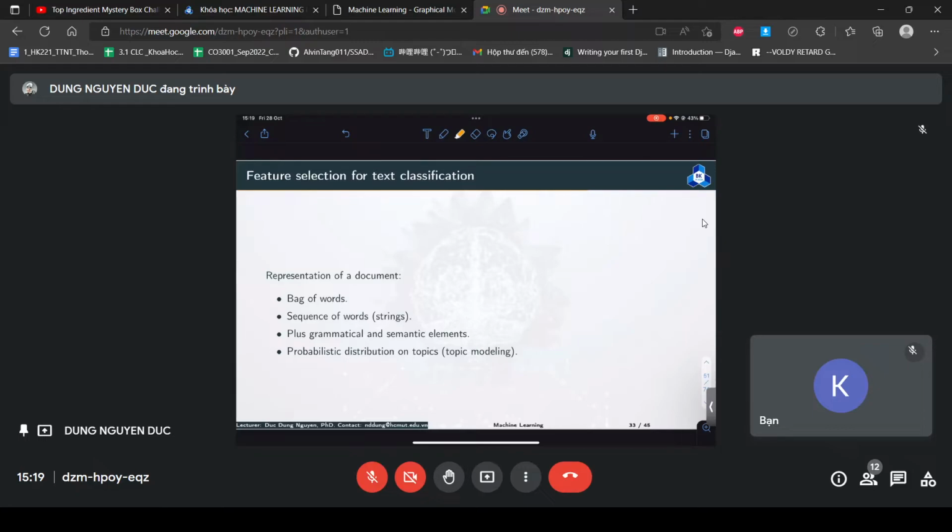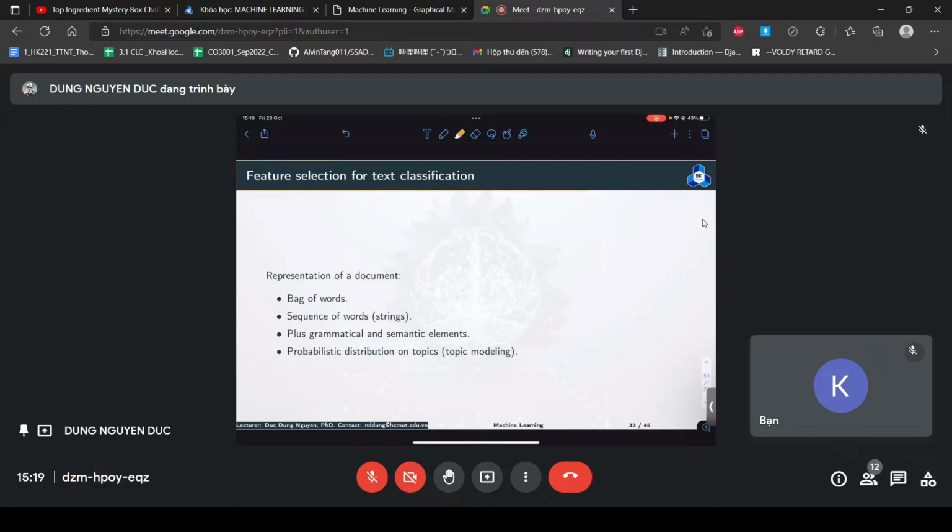It's something very weird to use. I can only see them using the bag of words, which is also outdated, or the sequence of words. Now, some other people may be interested in using the probabilistic distribution of topics, or maybe you call it topic modeling.